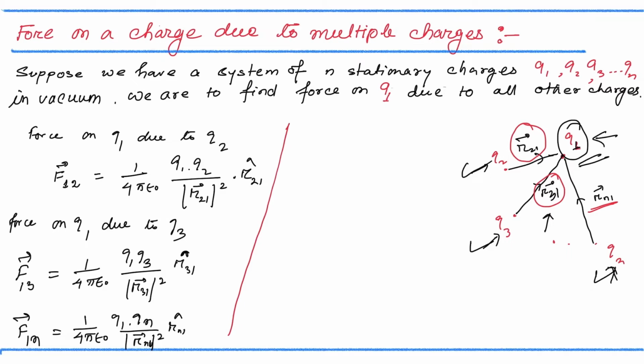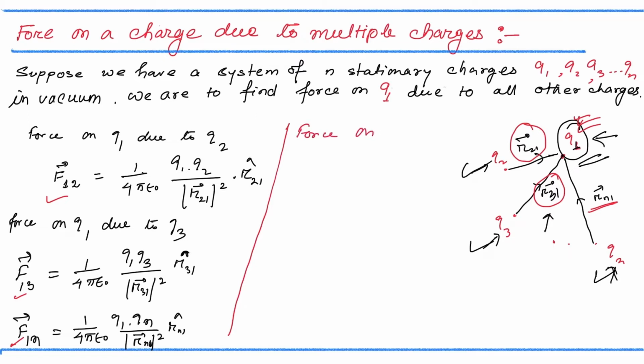If we find the vector sum of all these forces, F12, F13, F14, and F1n, then we will get the net force or total force on Q1 due to the remaining charges in this system.